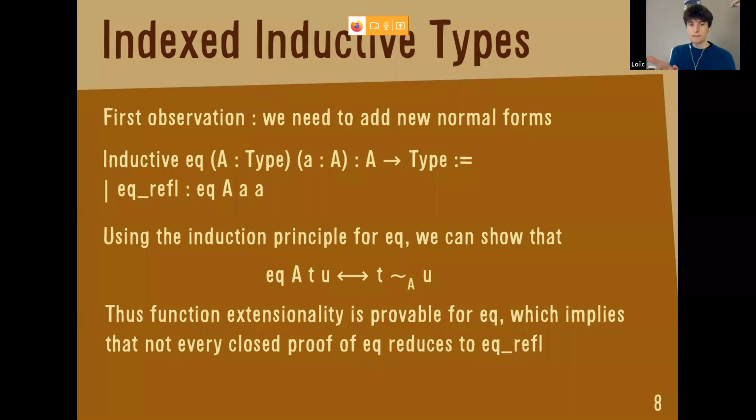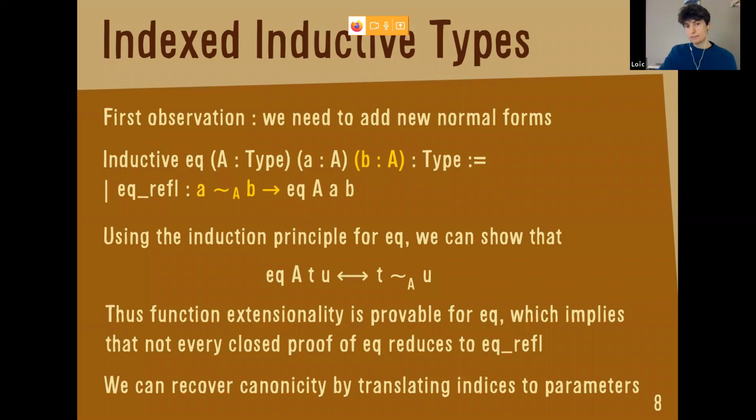The standard definition uses two parameters, A (large A) and a (small a), and an index of type A. If we convert the index into a non-uniform parameter, we get a new parameter B, and the constructor reflexivity will take a new argument, which is an equality between a and b. And this can be done in a very systematic manner.